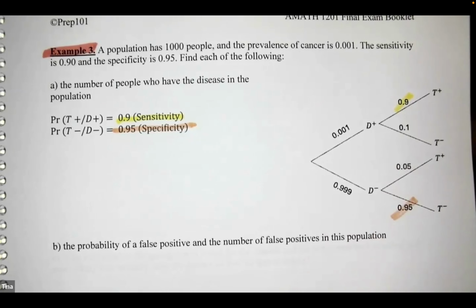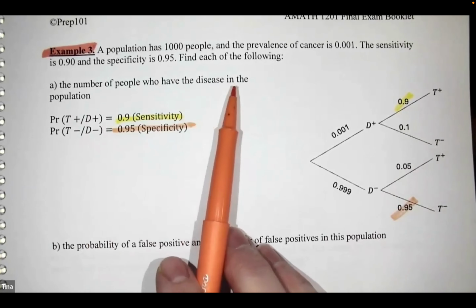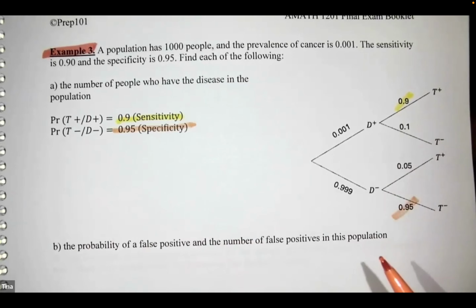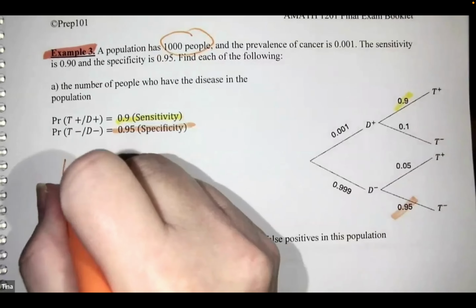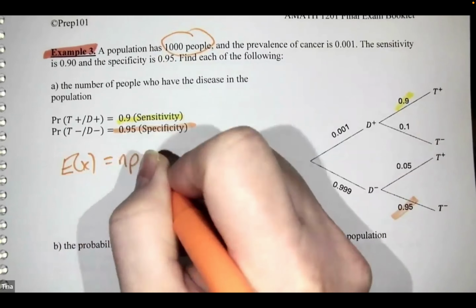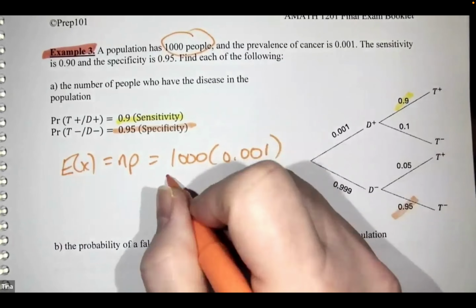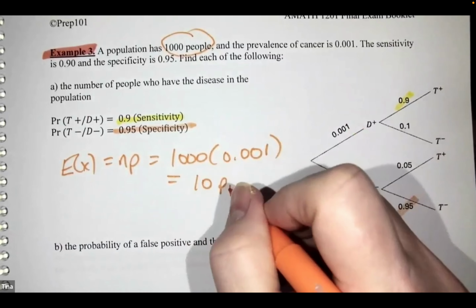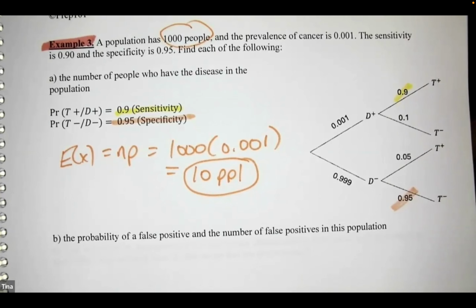So A said, different numbers, of course, but this style of question, in part A, they asked the number of people who have the disease in the population. So if there's 1,000 people in the population, then the number that have the disease is just the number times the probability of having the disease. So it would be 1,000 times 0.001, which means 10 people who have this particular disease.